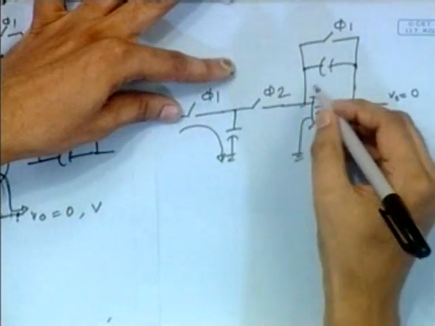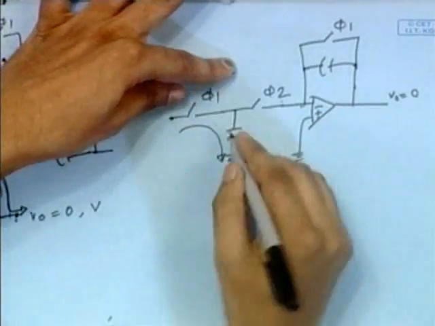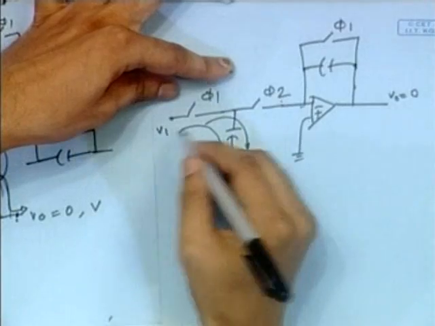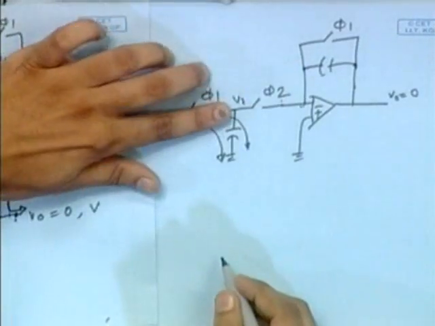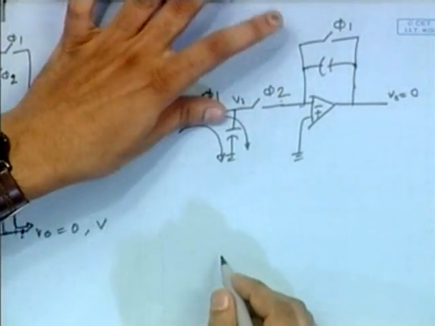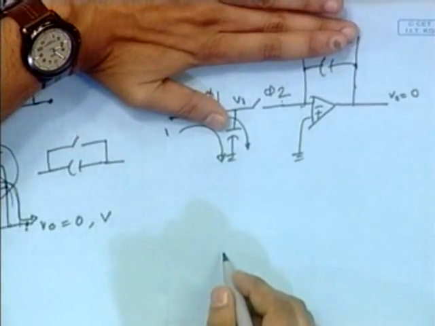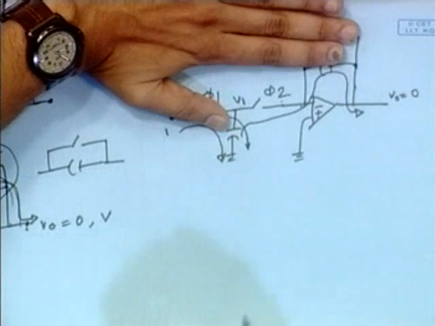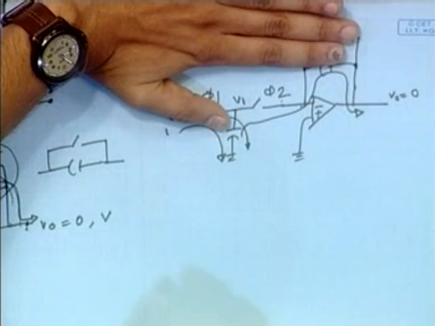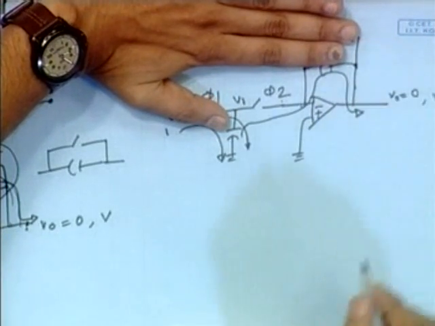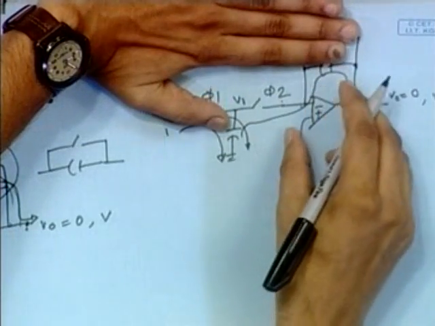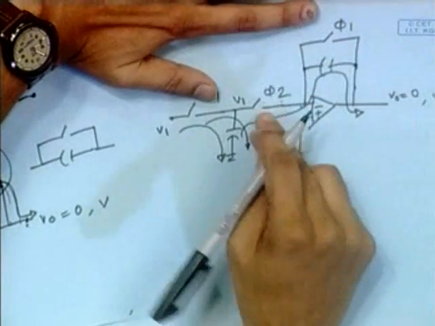And when phi 2 is on, by that time this is charged, suppose this is equal to V1, so it will be charged with V1. Now this is charged with V1 and phi 1 is off now, so it will take this path. Now is it clear? Now we are getting voltage V for that case. So there is no floating node now for phi 1 and phi 2 both.